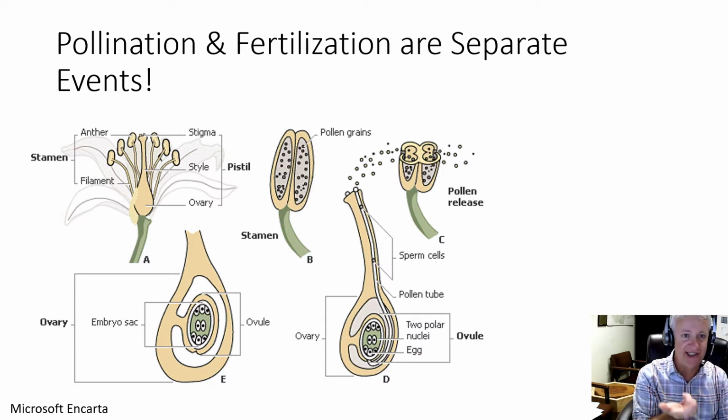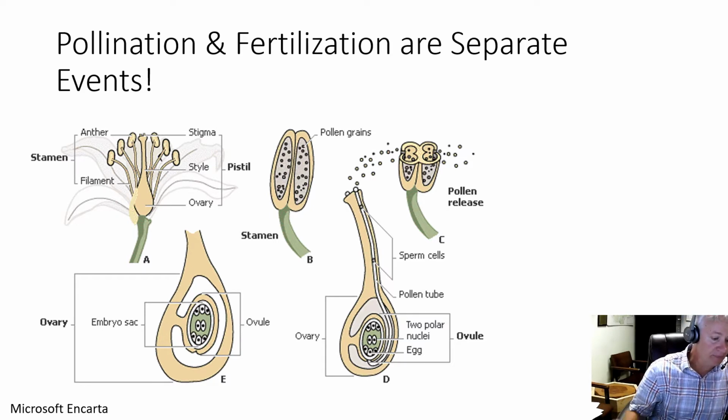So fertilization involves pollen tube growth, so that basically the pollen grain lands on the pistil, and that generates the growth of a pollen tube that grows down into the pistil to the ovary.